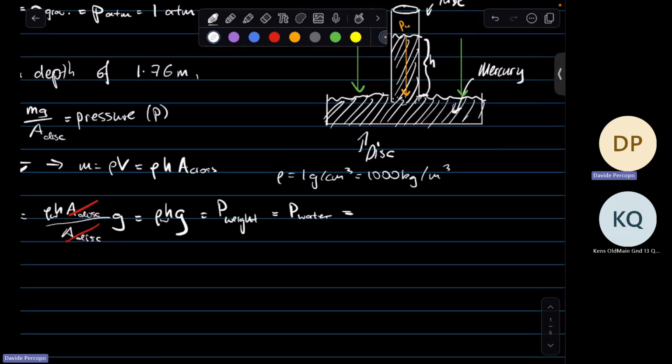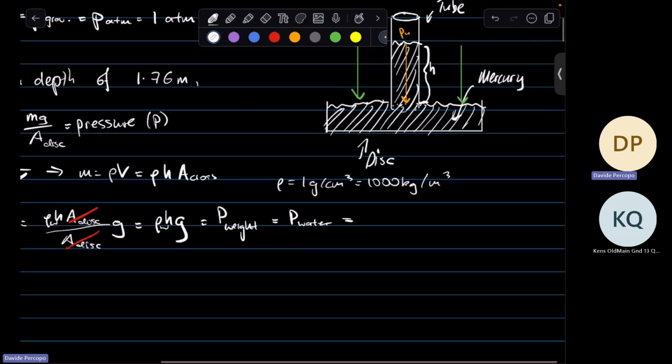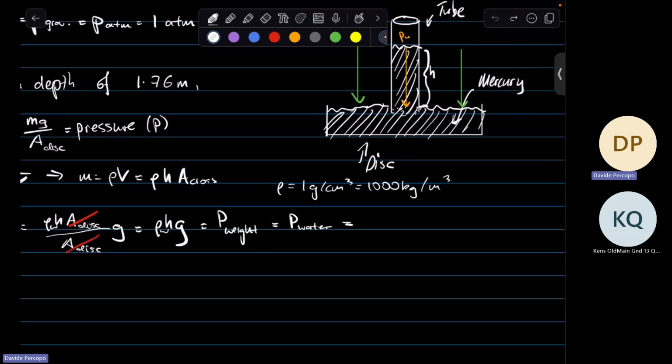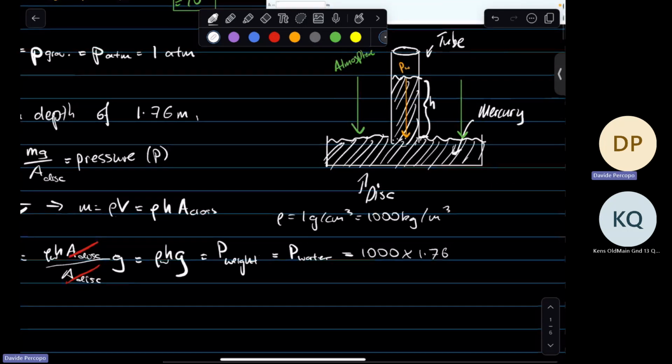Then in this case, P is 1,000 times 1.76, because that's the height of the mercury, sorry, not the height of the water. Like, how far is it down?